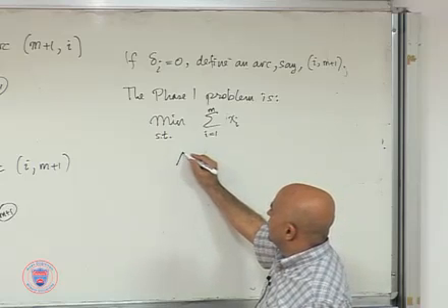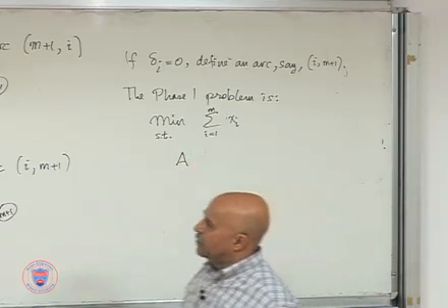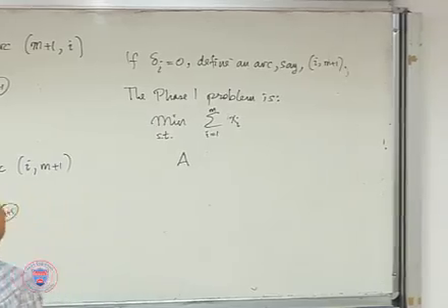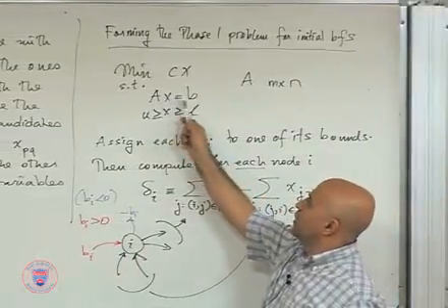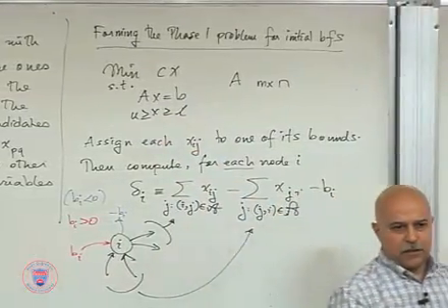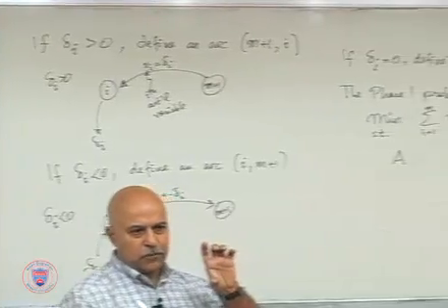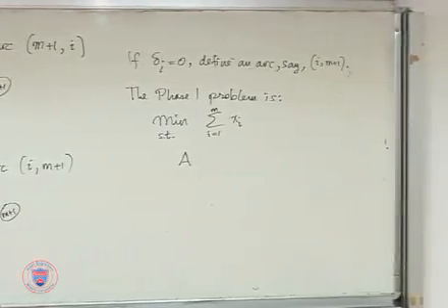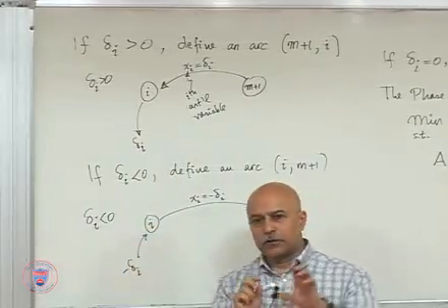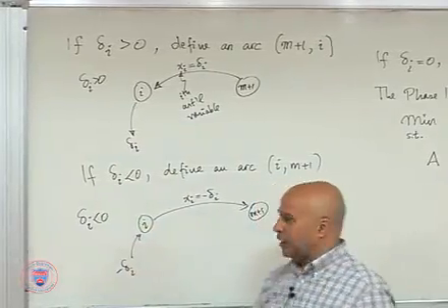Now I'm going to partition AX equals B into two parts: the rows that correspond to plus delta i's and the rows that correspond to negative delta i's, okay?